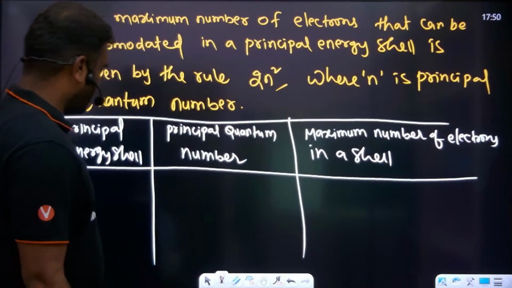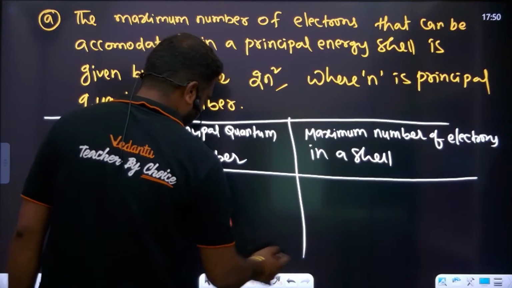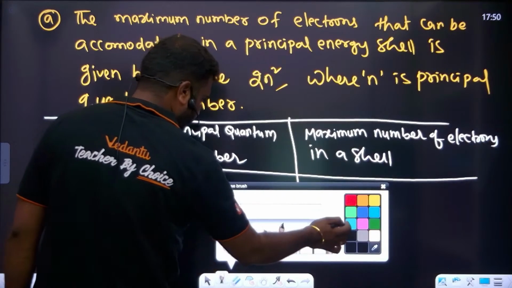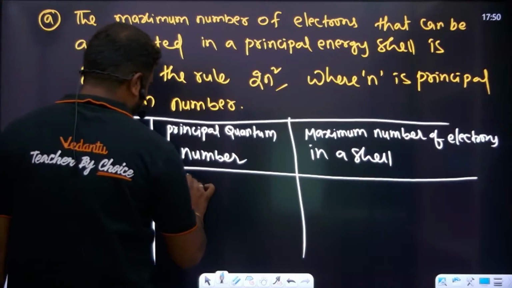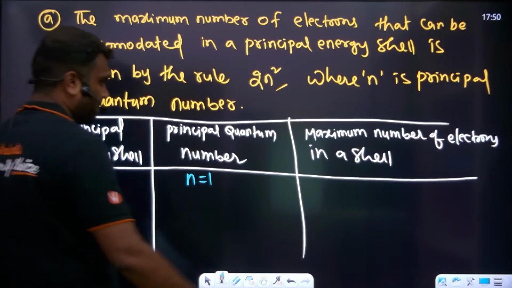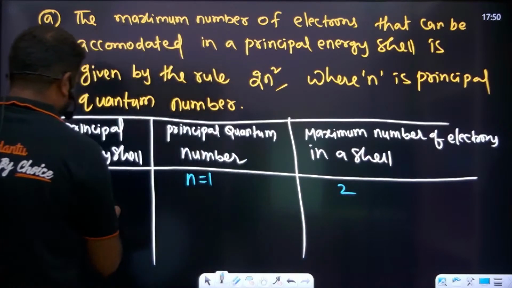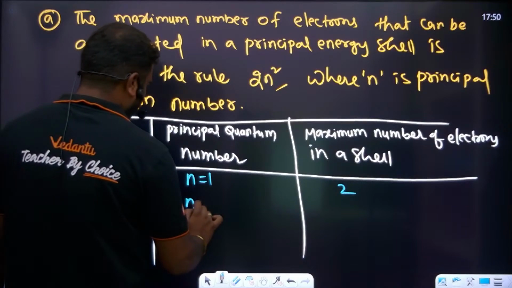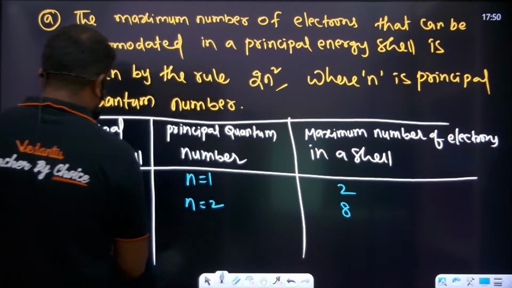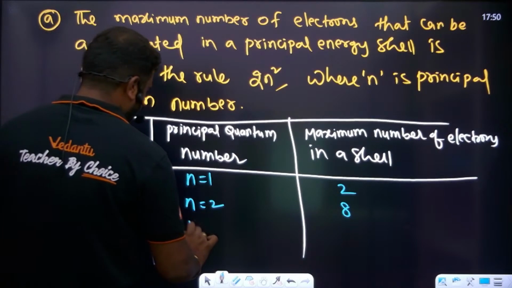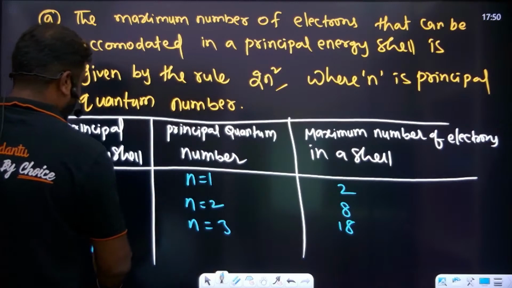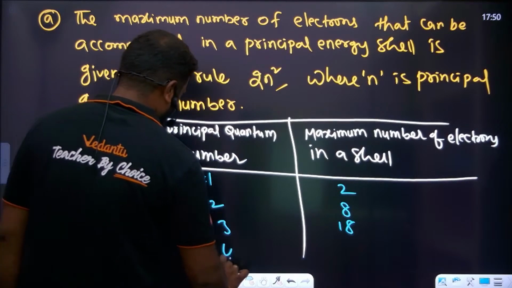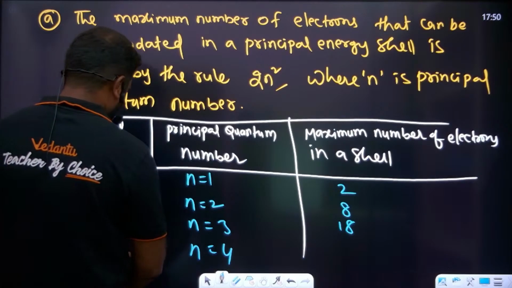Okay na, so here, K shell: n is equal to 1. According to 2n square, it is 2 electrons. L shell, n is equal to 2, 8. M shell, n is equal to 3, 18. N shell, n is equal to 4, 32.